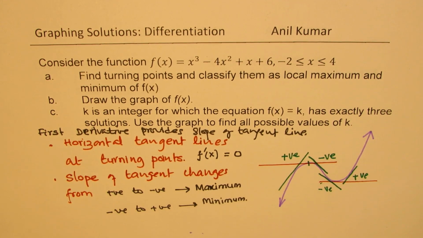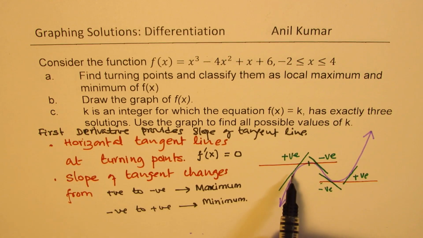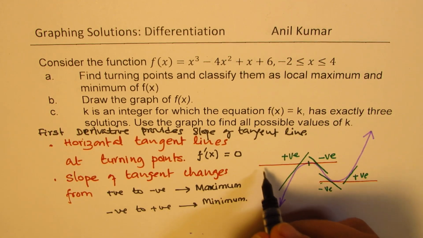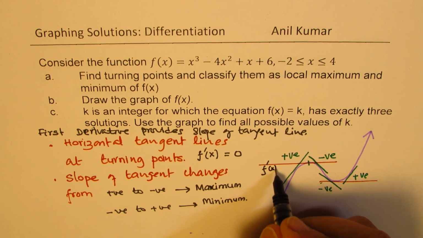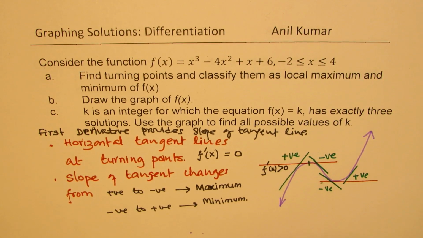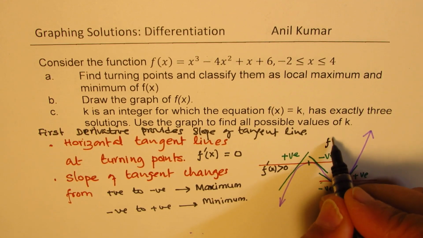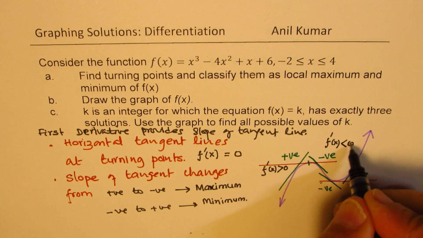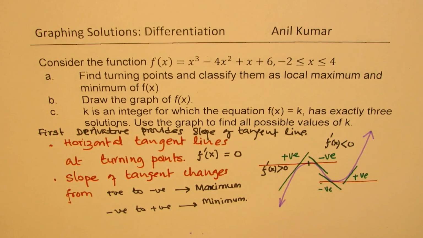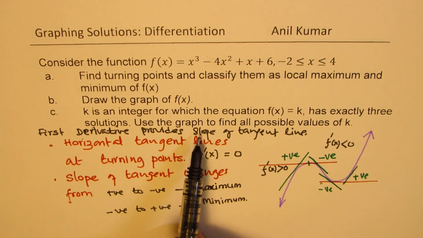to 0. When we say changes from positive to negative, in this area the first derivative is greater than 0, then it is positive. In this area, the first derivative should be less than 0, then it is negative. Do you see that? So when we say that the slope changes from positive to negative, we are analyzing the first derivative.